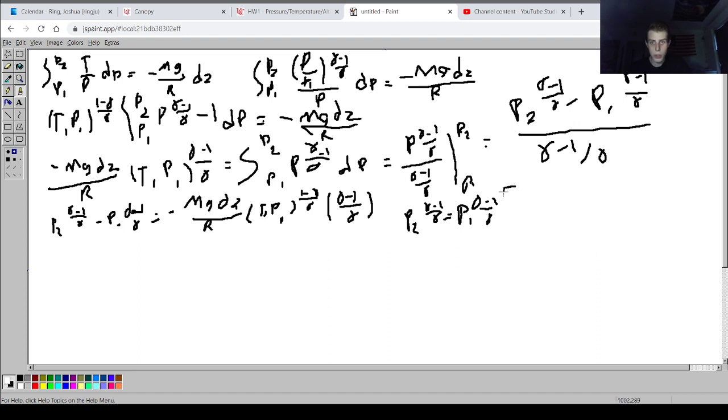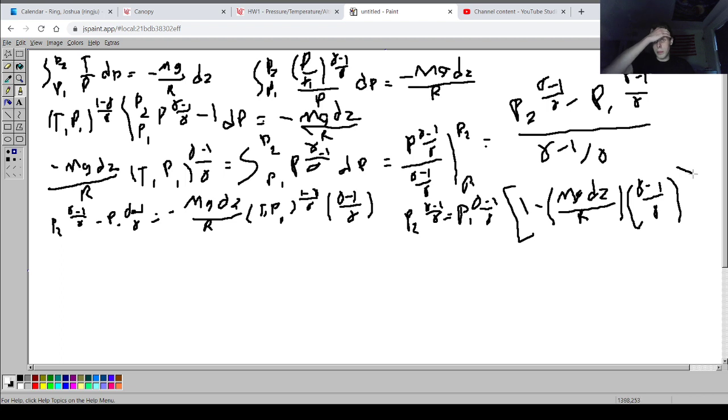And now this is going to be multiplied by 1 minus, and because this will be factored out with the 1, we're just going to have the mg dz over r times gamma minus 1 over gamma. Like I said, over r, and then multiplied to our gamma minus 1 over gamma.